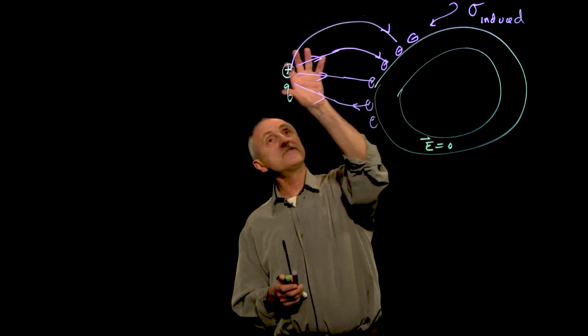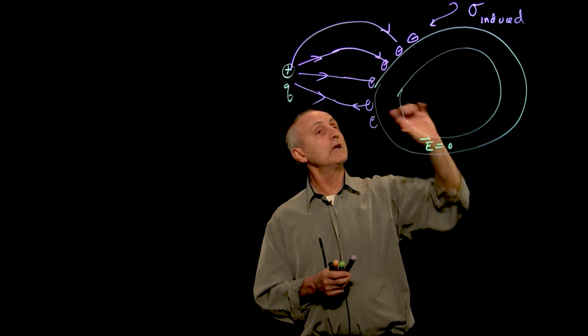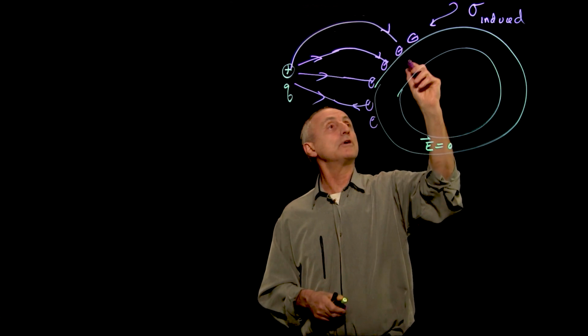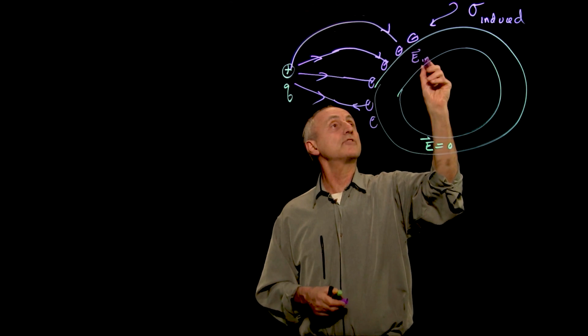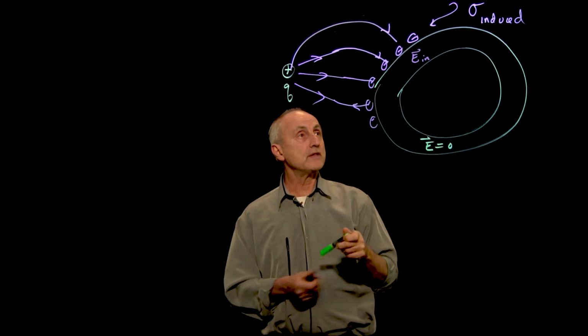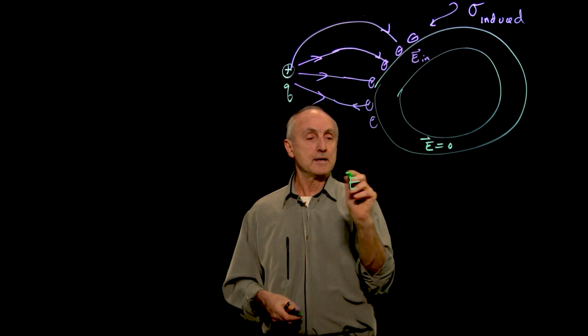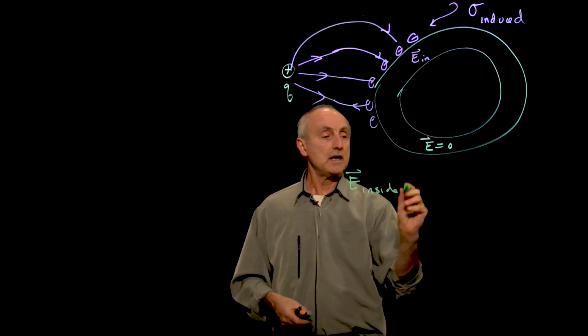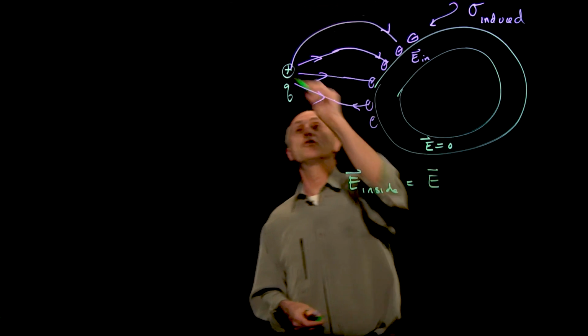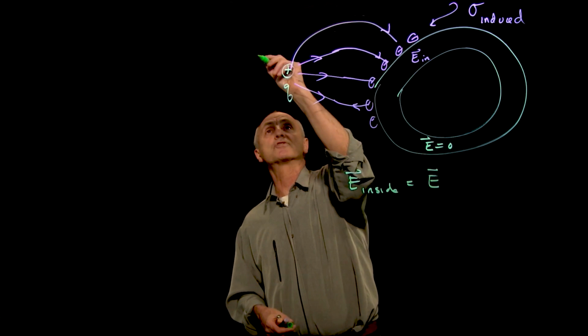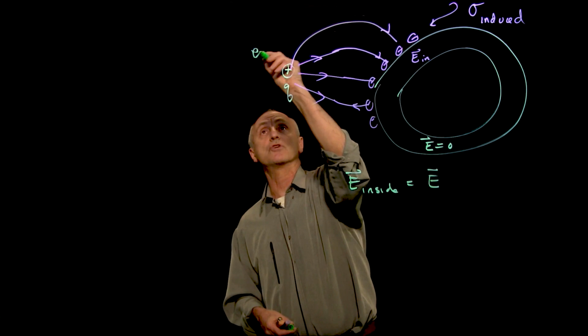If this field is producing an electric field in the interior of the conductor, let's call this E inside, the field on the inside of the conductor, E inside, is equal to, and let's refer to this as an external field, so this is external.